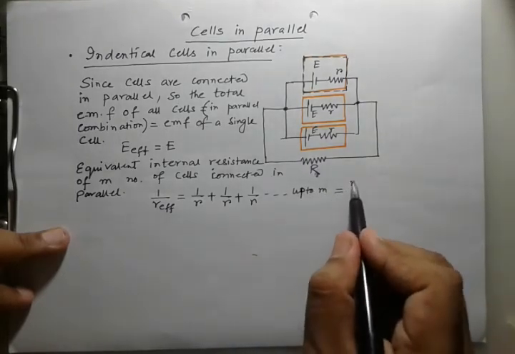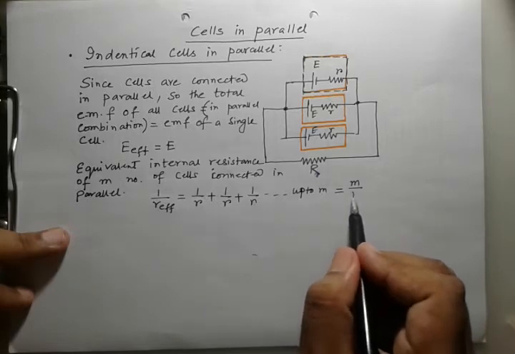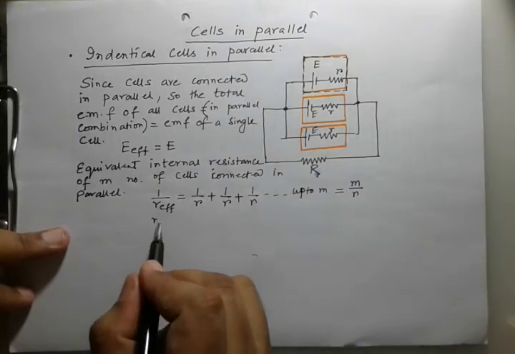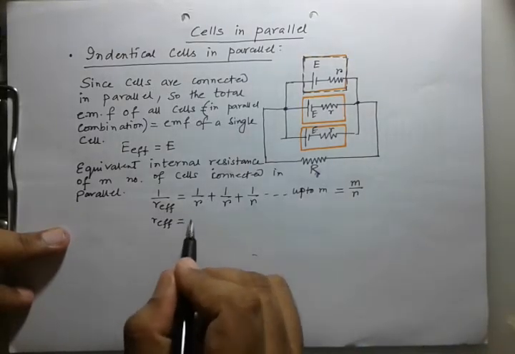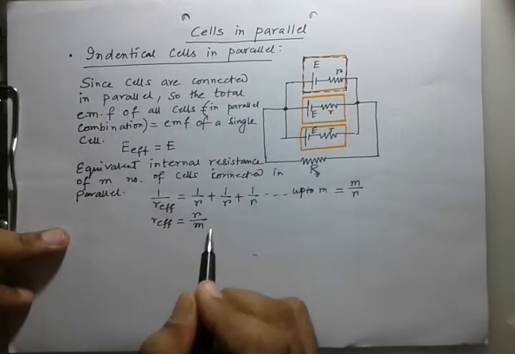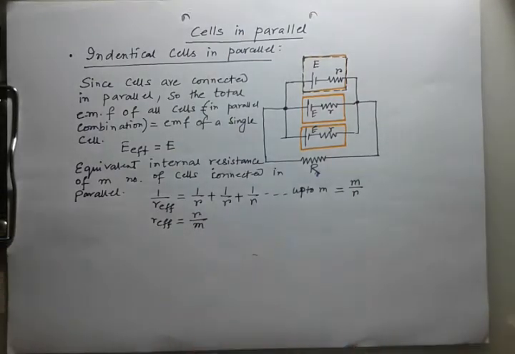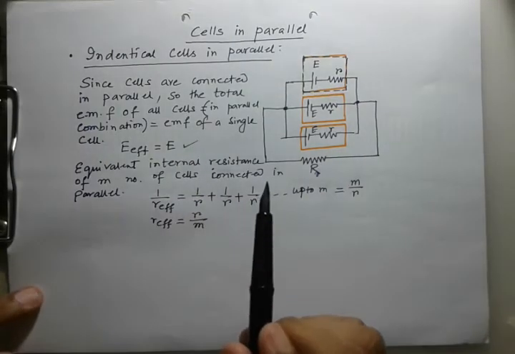So you can write down this will be m by r. So r effective will be equal to r by m. So this is what happens for the internal resistance. So the total internal resistance will be r by m and the total effective EMF will be this one.